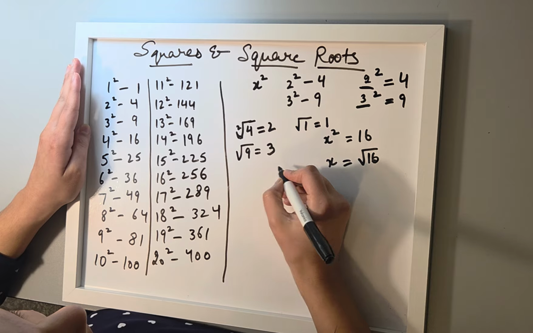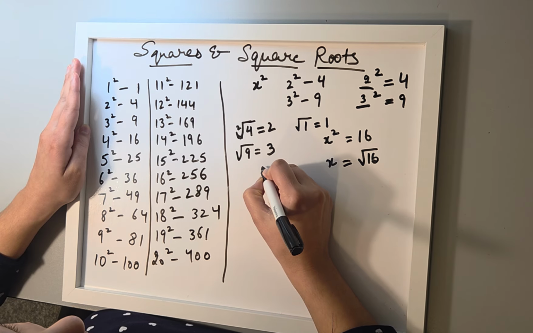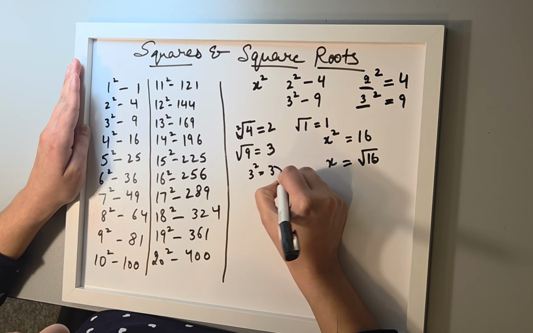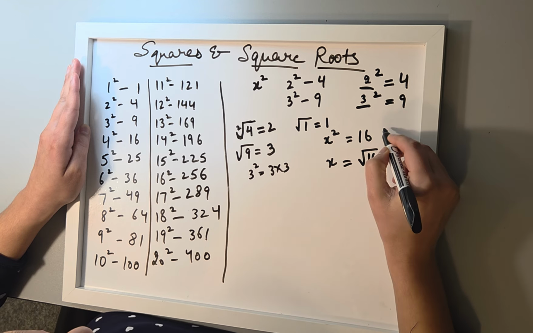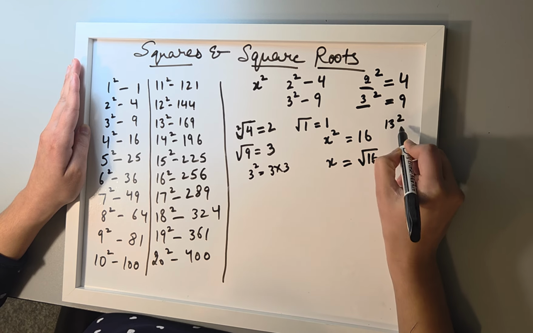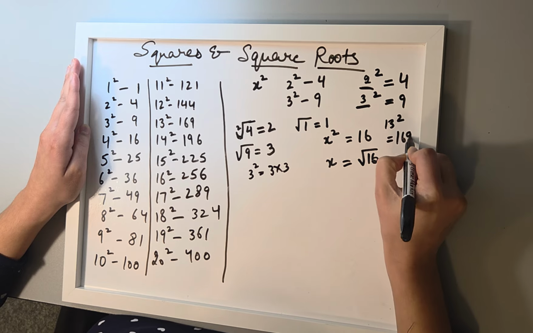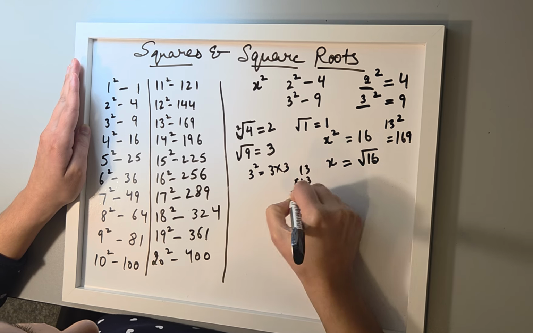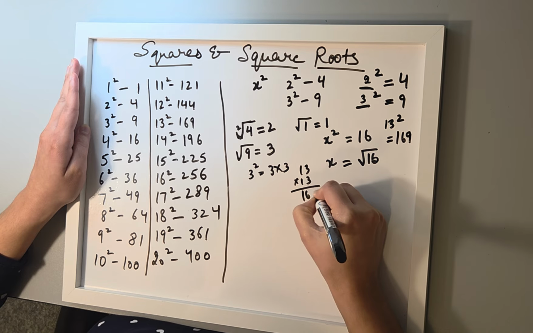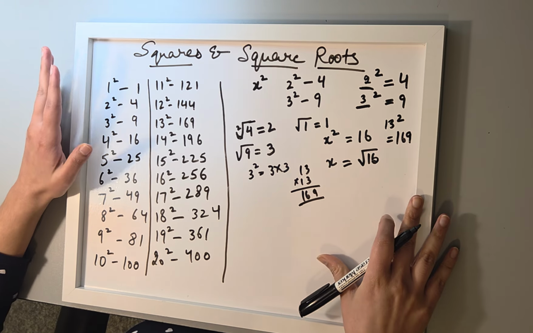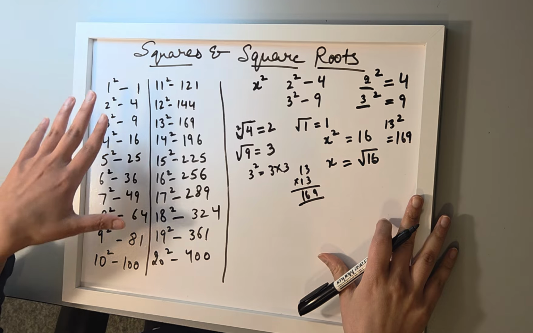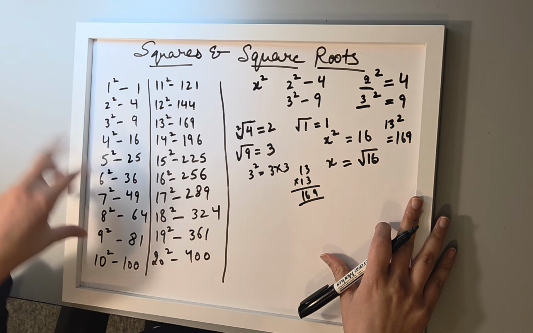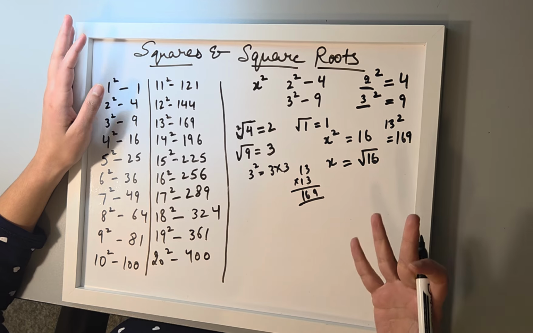Otherwise, if there is a question of 3 square, we can always do 3 into 3, or 13 square. If we know, it's easier. If we don't know, we can always do 13 multiply by 13, and if we perform the multiplication, it will come out to be 169. We can always do this, but these are good to remember. This will help us to solve the questions faster.